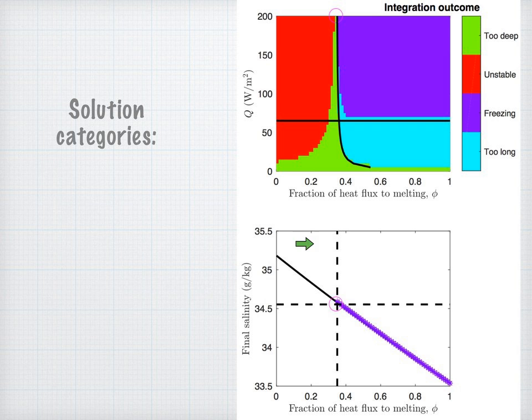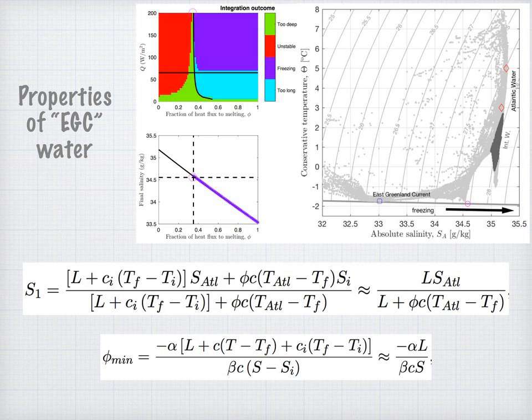Okay, and these dashed lines are predictions of both the minimum value of phi and the maximum value of the salinity from these formulae. These black lines in my integration outcome category diagram, we have analytic expressions for, and here are some of those expressions.